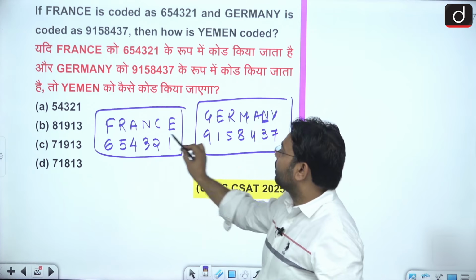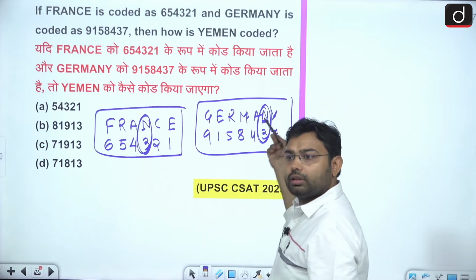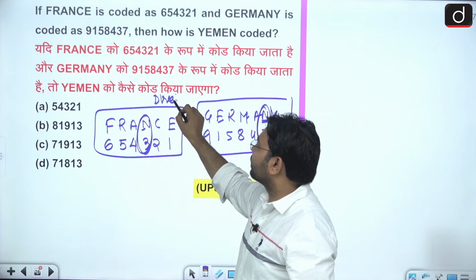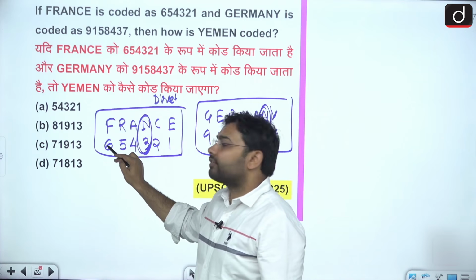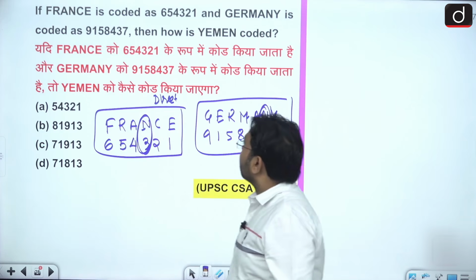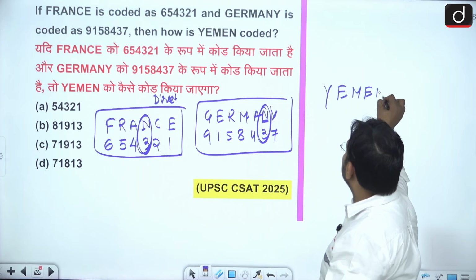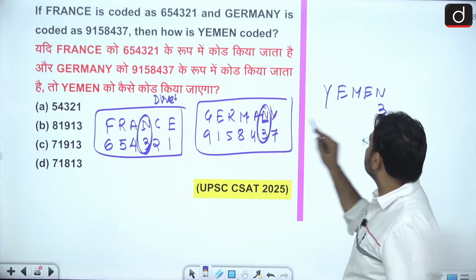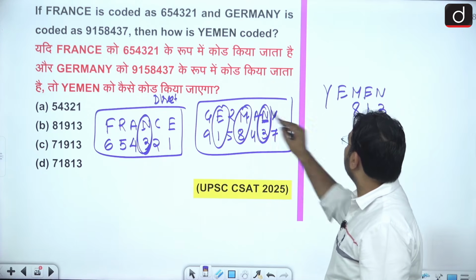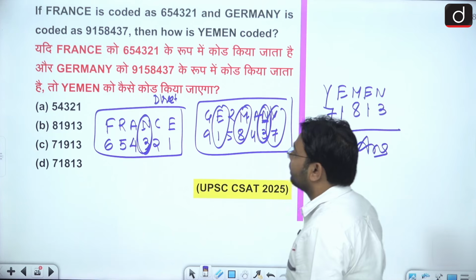N is common, the code of N is 3, and this is also. So you can say this is direct coding. Direct coding means F is 6, R is 5, A is 4. So what he wants is YEMEN: N is 3, E is 1, M is 8, E is 1, Y is 7. So the answer is 71813.